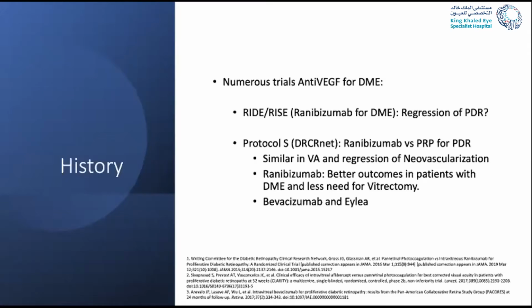They also found that there was less of a need for eventual pars plana vitrectomy in patients that were receiving ranibizumab. Later on, seeing these findings, other drugs like bevacizumab or Eylea were similarly compared in other studies.